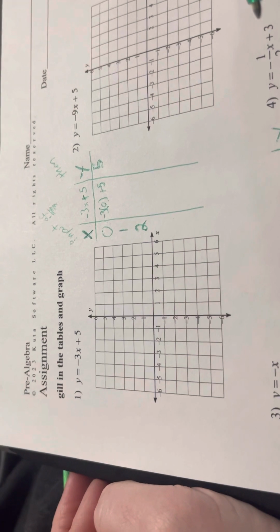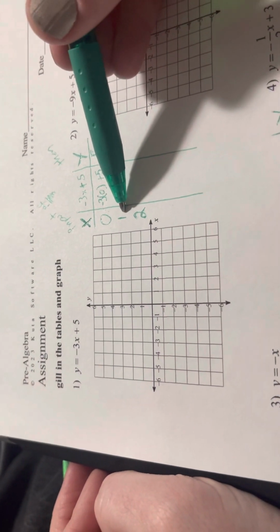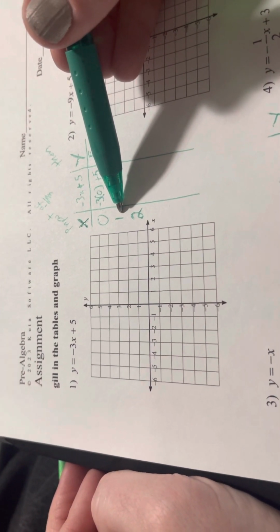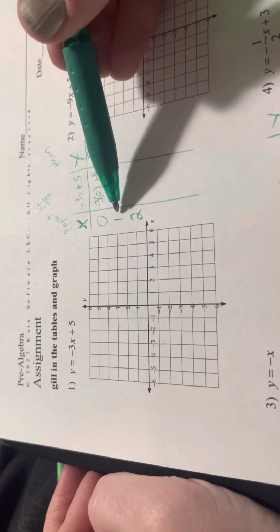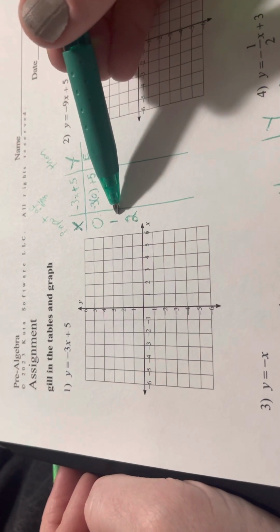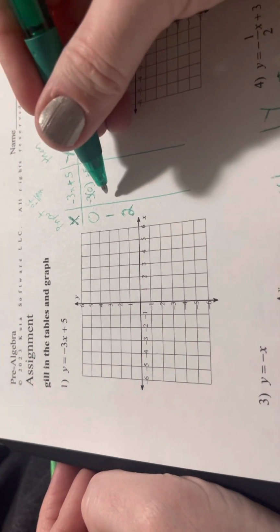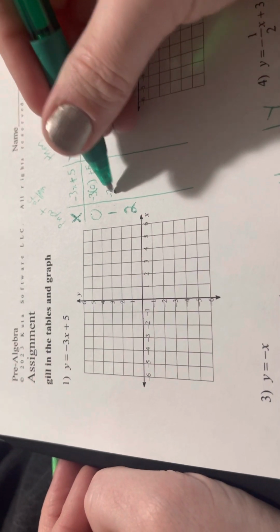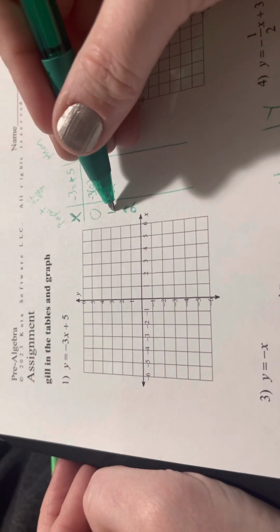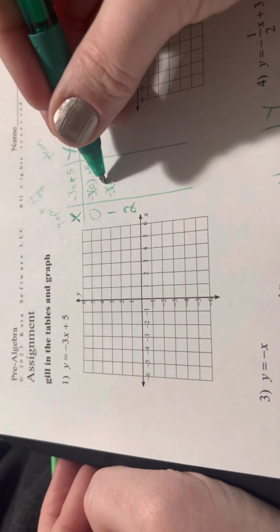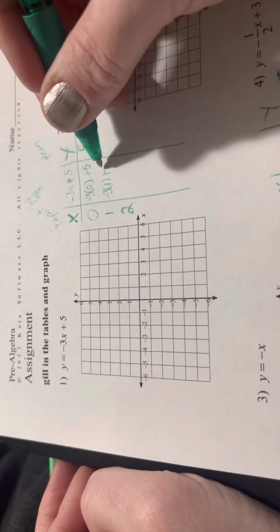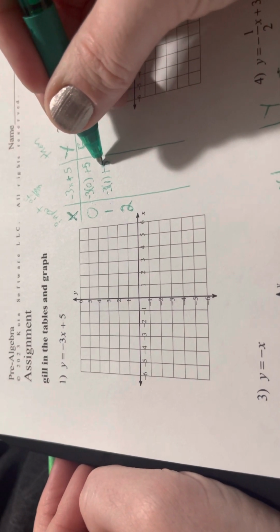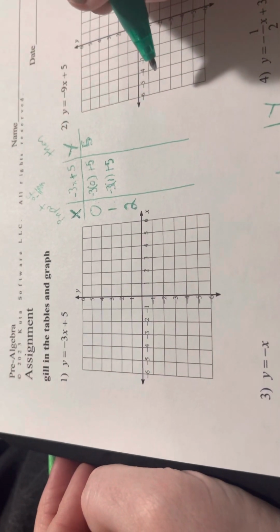Now let's do it again, but this time let's say, what if x is 1? So this time, I'm going to go ahead and substitute the 1 where x goes. So I'd say negative 3 times 1, because x is 1, plus 5. Now I'm going to go ahead and solve this.